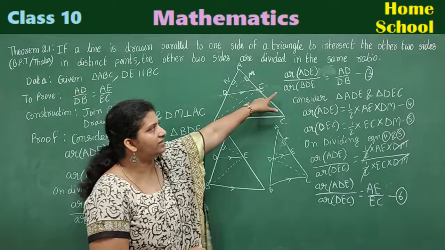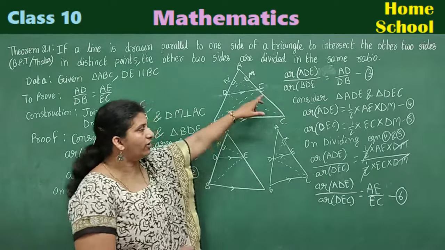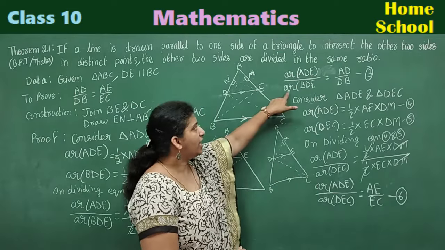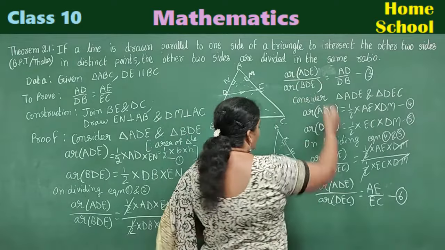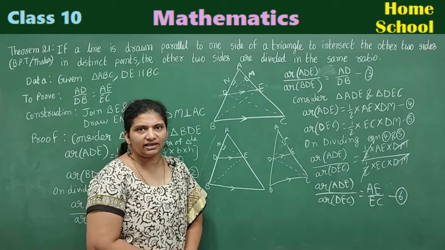Okay, now compare this one and this one. Compare 3rd and 6th. What you can see? Area of triangle ADE, area of triangle ADE. Area of triangle BDE and area of triangle DEC. Now observe these two triangles.